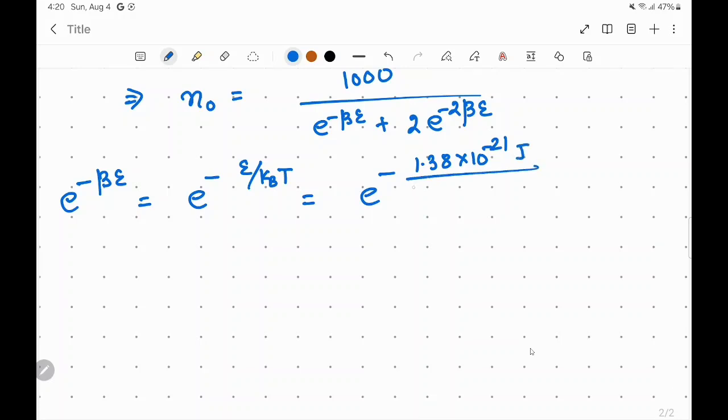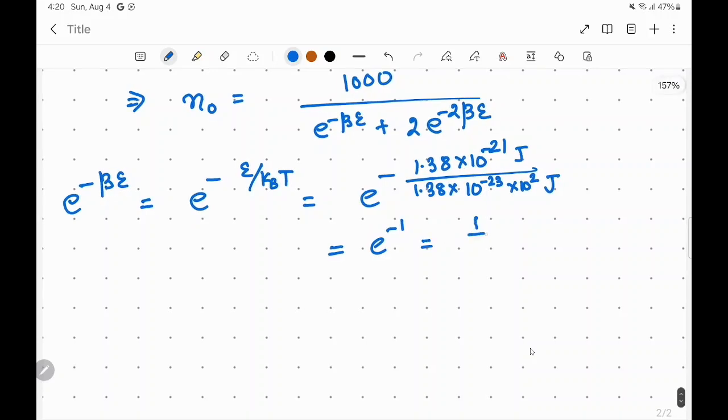And kb, what is the value of kb? 1.38 into 10 to the power minus 23. And what is temperature? 100. So this will be again joule. So just look, it will be just 1, correct? Because both are cancelled out. So it will be e to the power minus 1, or you can write it 1 by e. This is e to the power minus beta epsilon.